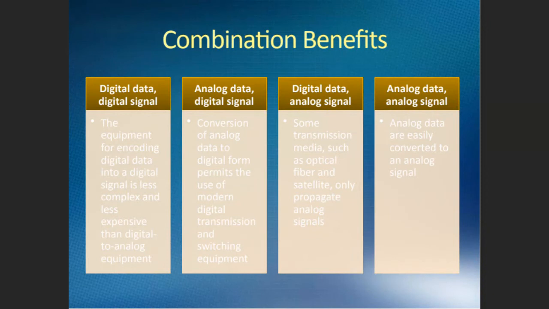Digital data and analog signal: some transmission media such as optical. Some people say, why are we still using analog? Because fiber optic uses analog. Fiber optic is very fast, because we are making use of the speed of light or electron. What is the approximate speed of light?